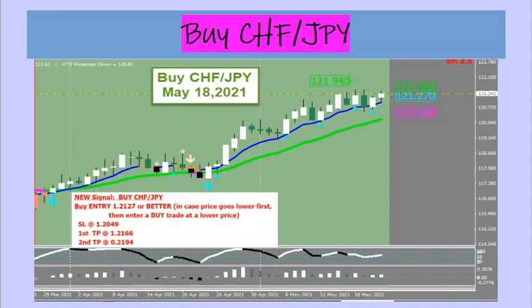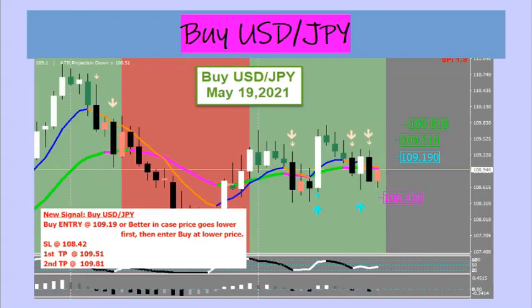Let's take a look at the next trade and the final trade of the week, guys, right here. I sent out an email letting you know to buy the USD versus the Japanese yen. Let me just show you the signal. And here's the signal right here at the close of this candle.